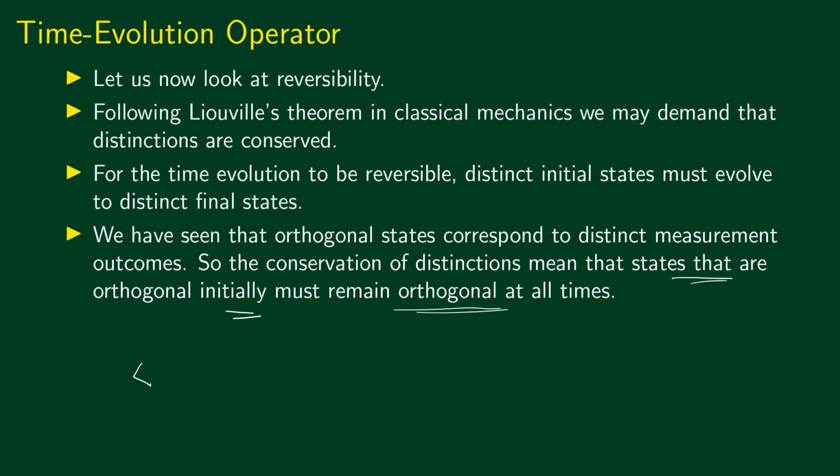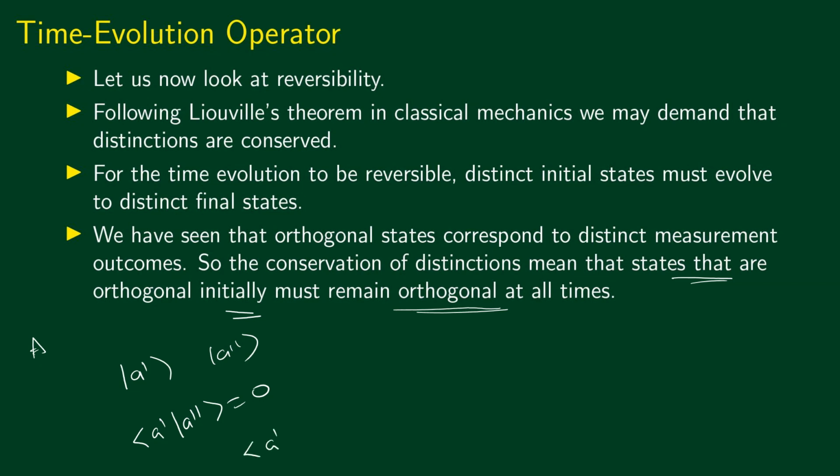Again, suppose we have two states, ket A′ and ket A″. They correspond to different measurement outcomes of observable A. We know this, because the eigenkets corresponding to different eigenvalues are orthogonal, and they correspond to mutually distinct measurement outcomes. We know that ⟨A′|A″⟩ is equal to 0. Now this must be true also at a later time.